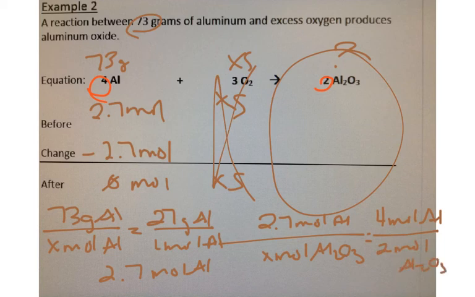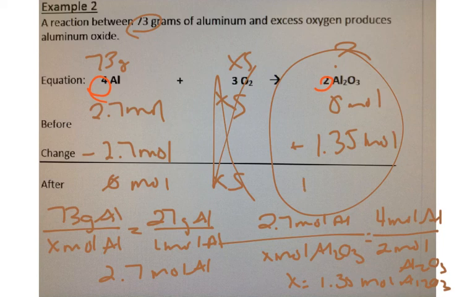When you cross multiply this, you get a total of 1.35 moles of aluminum oxide. As with everything, I always start with 0 moles of my product. So I'm going to add, or be able to produce, 1.35 moles of aluminum oxide. And so therefore my total I'm going to have as a product ideally would be 1.35 moles.